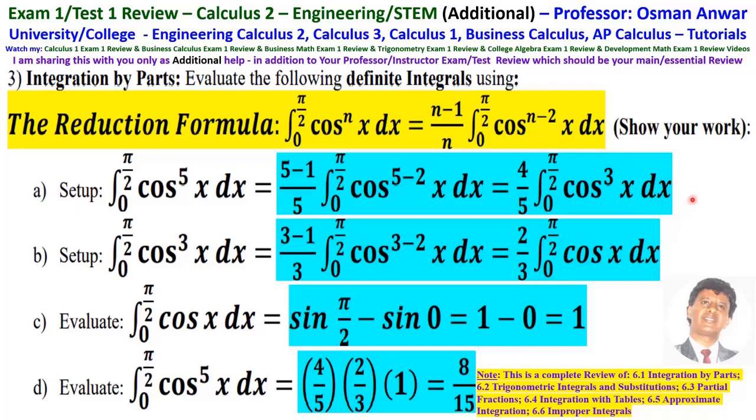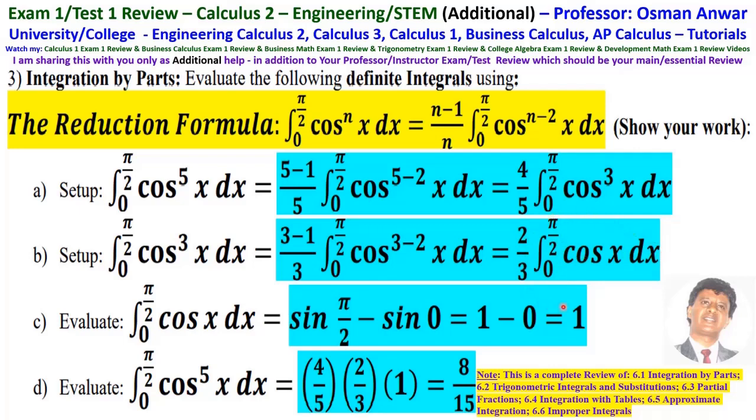When we take this cosine to the third x dx, we're going to integrate that from 0 to pi over 2, which is now 3 minus 1 over 3 times the integral from 0 to pi over 2 of cosine 3 minus 2 x dx, which is 2 over 3 times the integral from 0 to pi over 2 of cosine x dx.